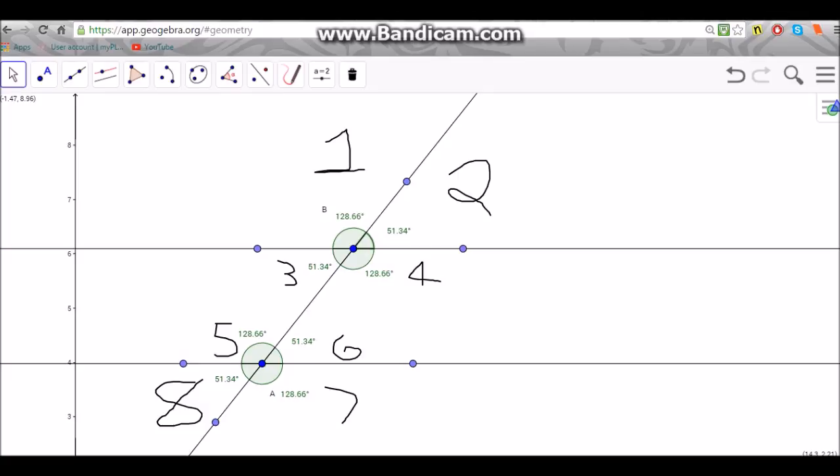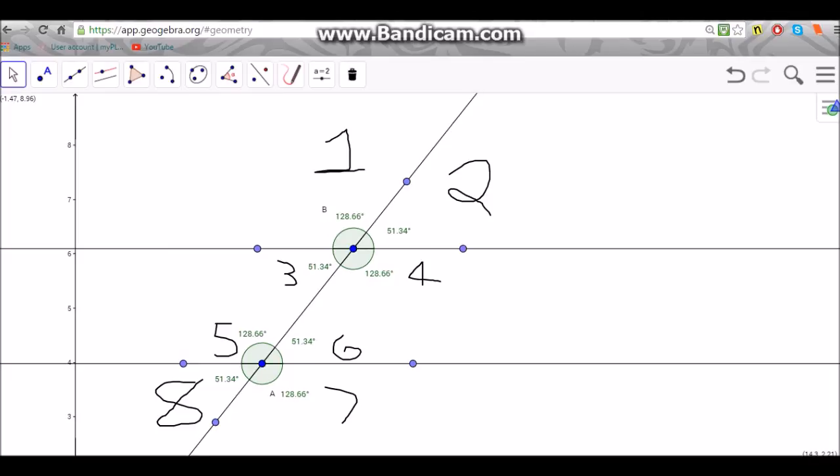Therefore angles 3 and 4, 5 and 6, 8 and 7 are also all supplementary angles, as are 2 and 4, 6 and 7, 5 and 8, and 1 and 3.